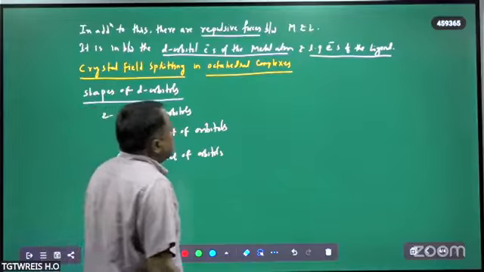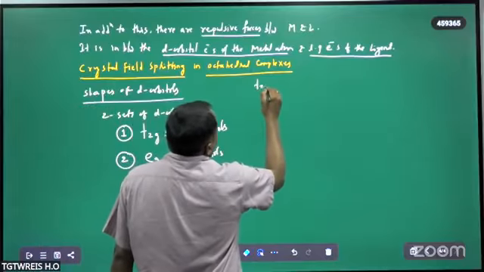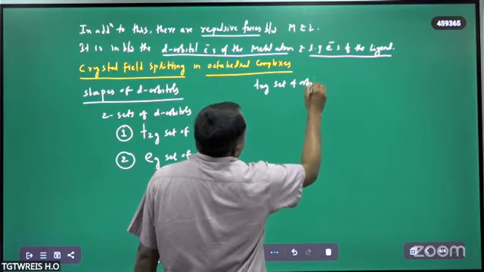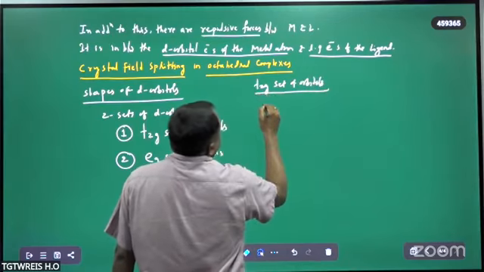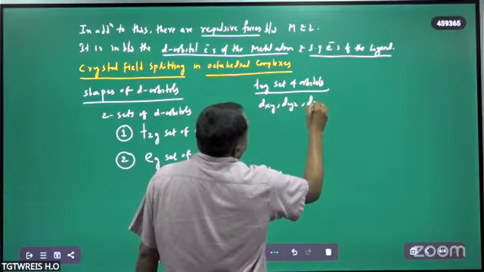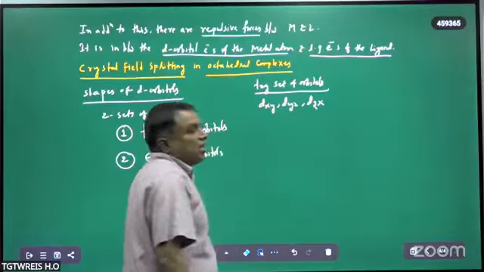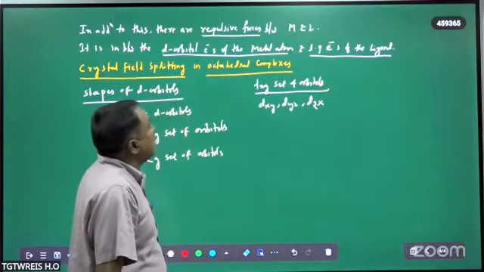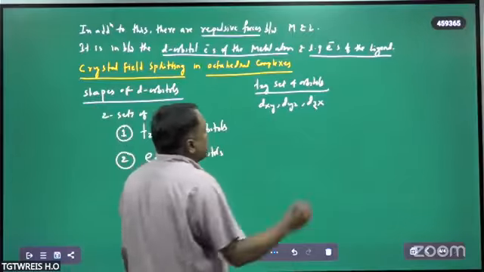What are the t2g set of orbitals? These are dxy, dyz, dzx. These are the triply degenerate d orbitals.